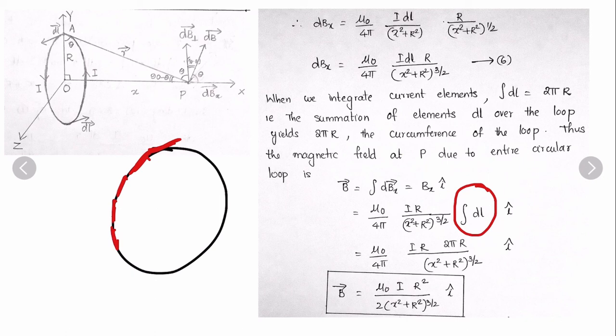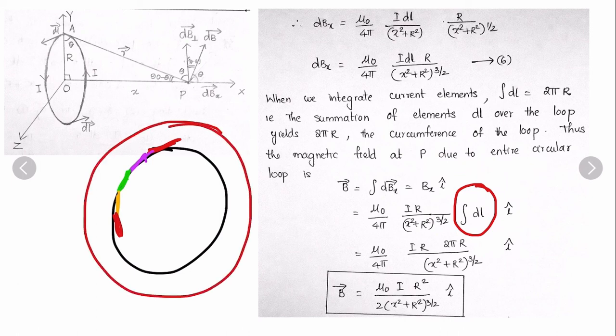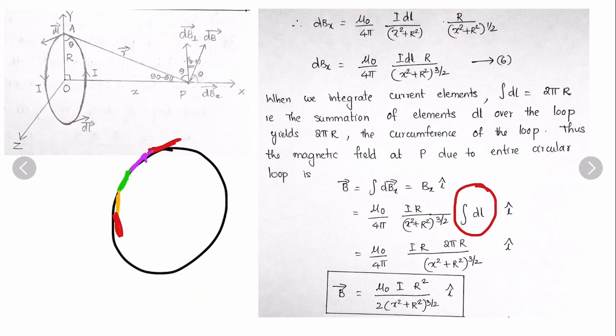So if you integrate each dl continuously, one small part after another, finally it becomes the circumference of the circle. Then integration of dl is equal to 2 pi R, because capital R is the radius.